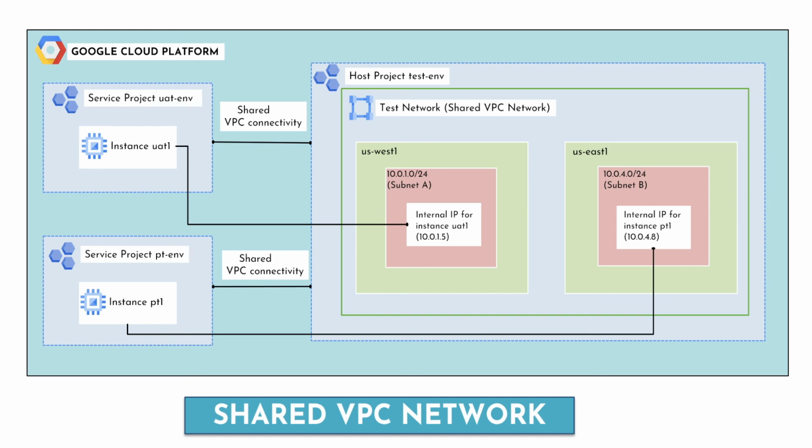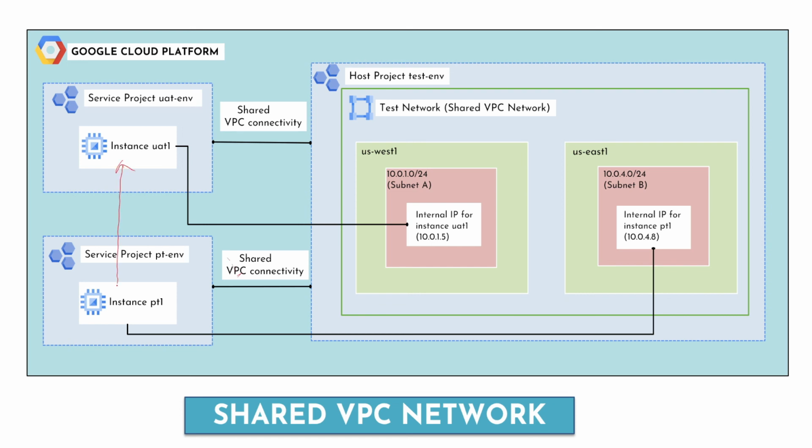Shared VPC allows an organization to connect resources from multiple projects to a common VPC network so that they can communicate with each other securely and efficiently using the internal IP of that network. However, shared VPC only works for the same organization. It won't allow you to connect projects from multiple organizations, which was possible in VPC peering.